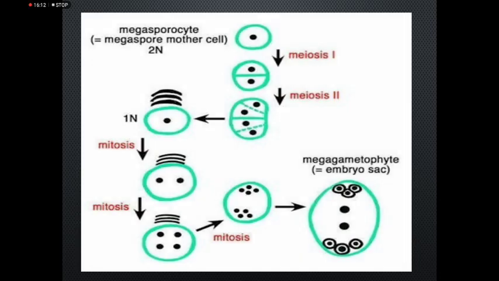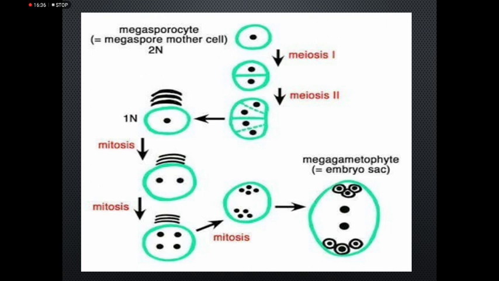Here, the megasporocyte, that means the megaspore mother cell, is 2n and it divides by meiosis 1 and meiosis 2. That means after meiosis, four haploid megaspores are produced from a megaspore mother cell.